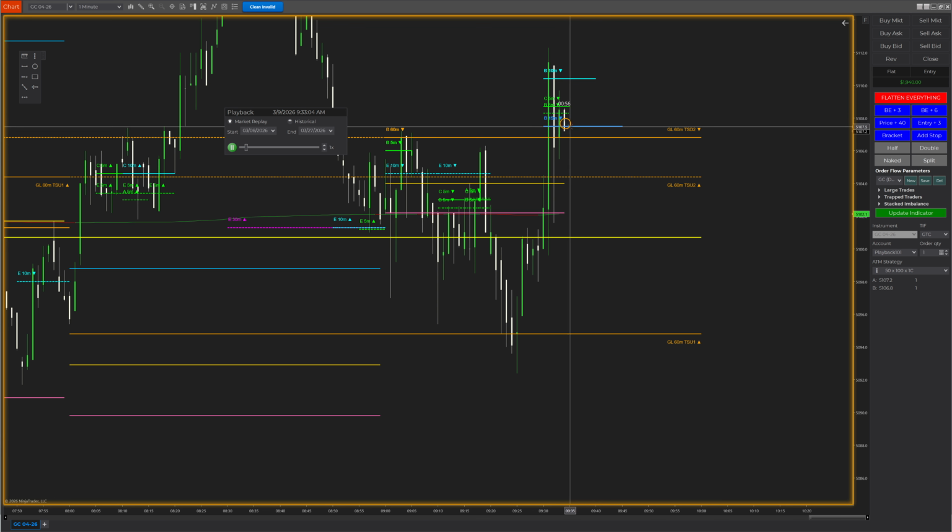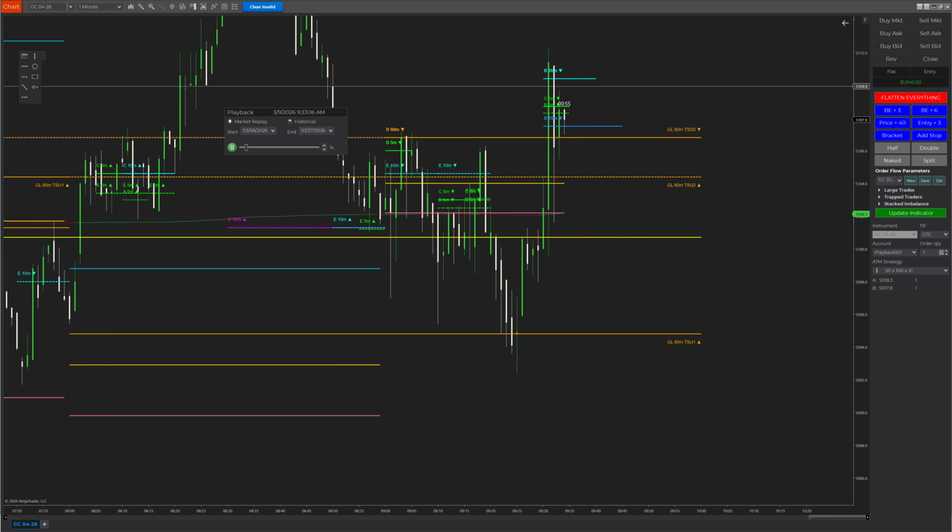Just needs to come back down there. I need that bar to close below that 15.